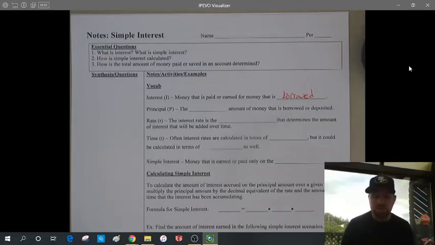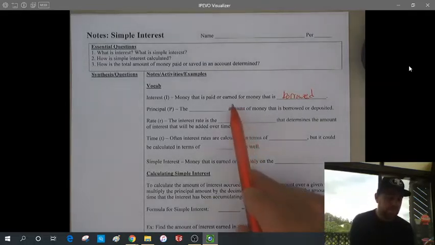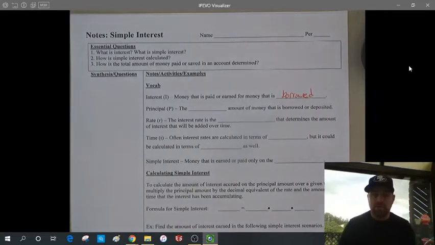But it also works the other way as well. So notice that it's also money earned here as well. So savings accounts, when you deposit money into a bank and have a savings account, they're going to actually pay you a little bit of interest every year, typically, on the amount of money that you have in the bank.